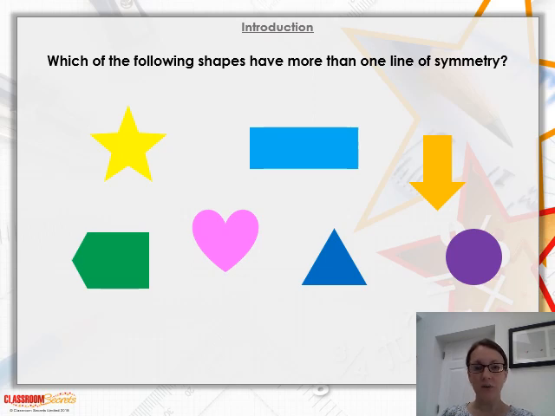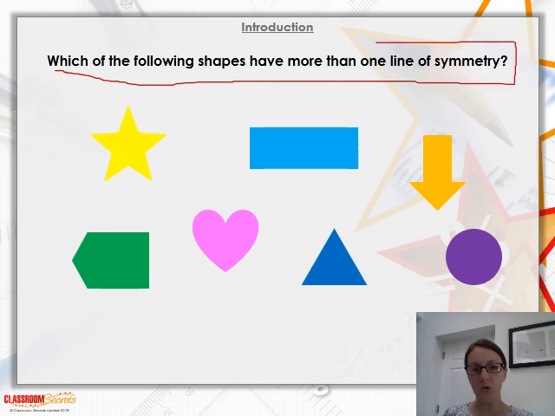Now, which of the following shapes have more than one line of symmetry? I'd like you to pause the video and take a look, remembering that your line of symmetry can be vertical, horizontal, or diagonal. Pause the video and take a look.